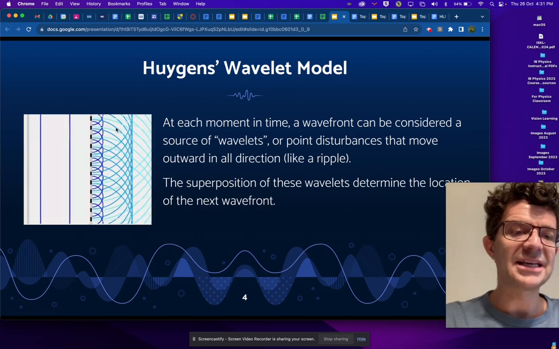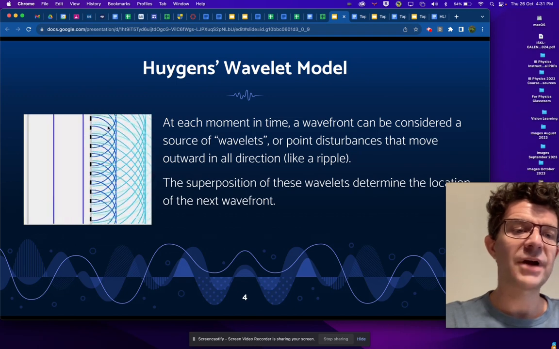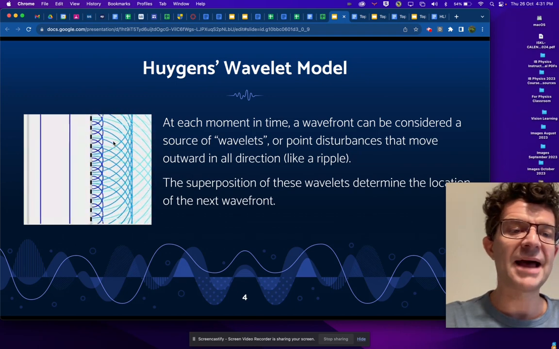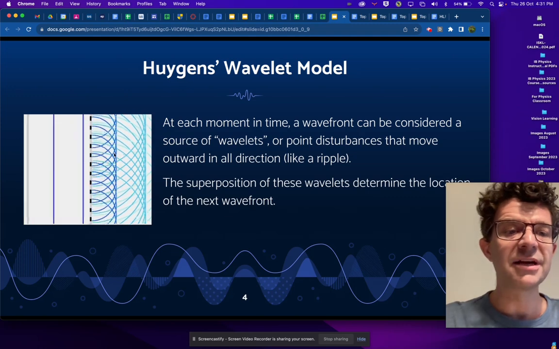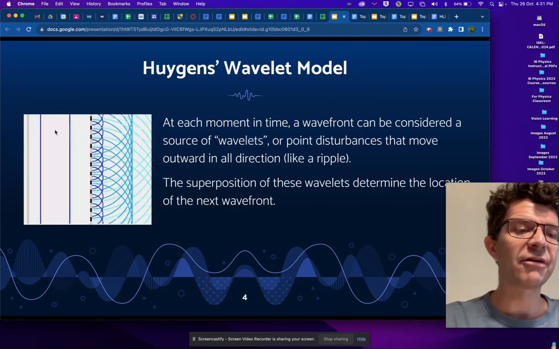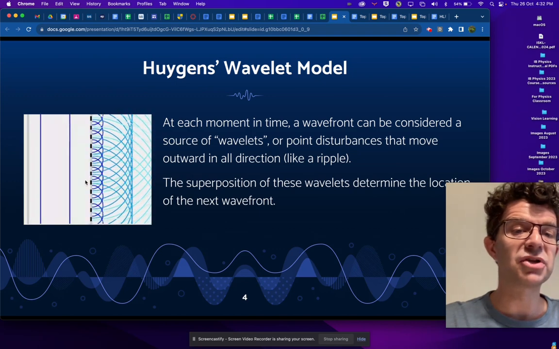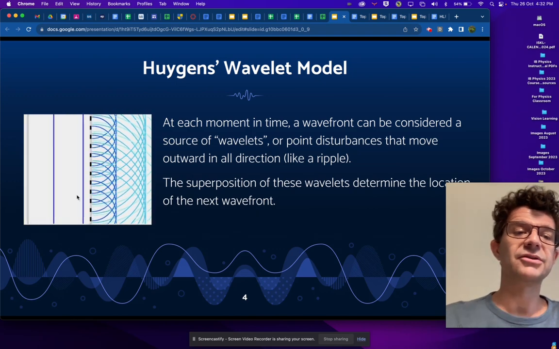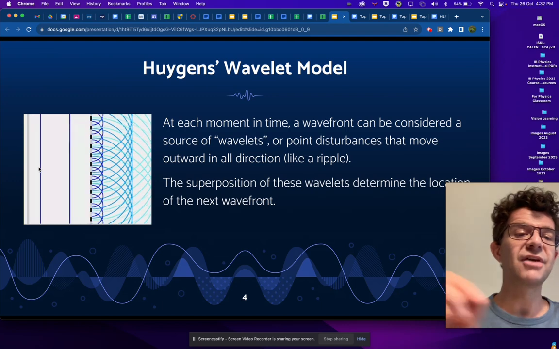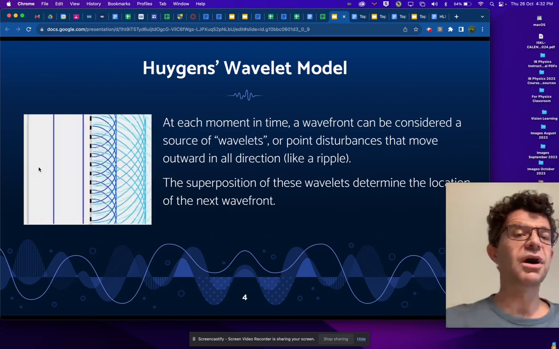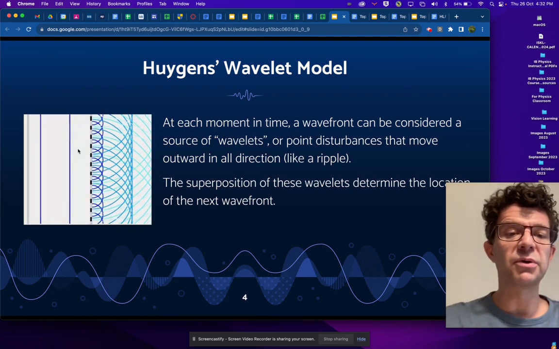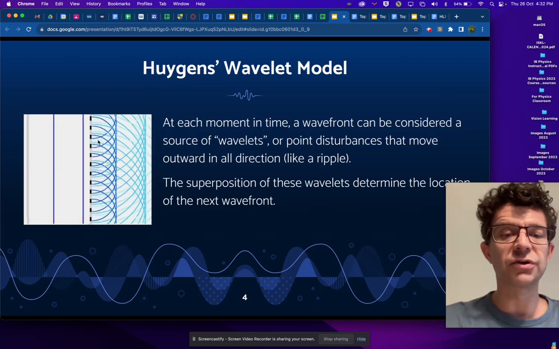On the other hand, in between, those crests and troughs will overlap and interfere destructively. So we see areas where there is not much disturbance to the medium in between. So Huygens' wavelet model says that we can think of a plane wave as just an infinite number of little wavelets or ripples that are moving outwards in all directions.